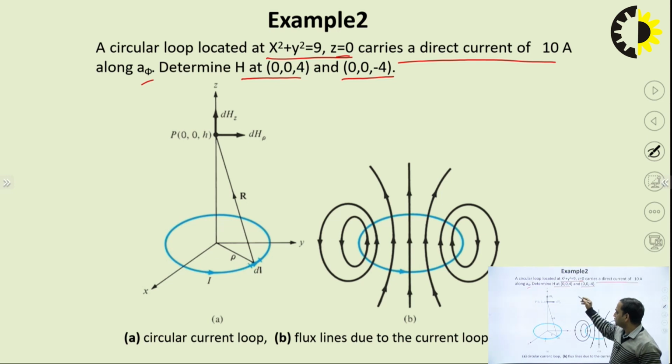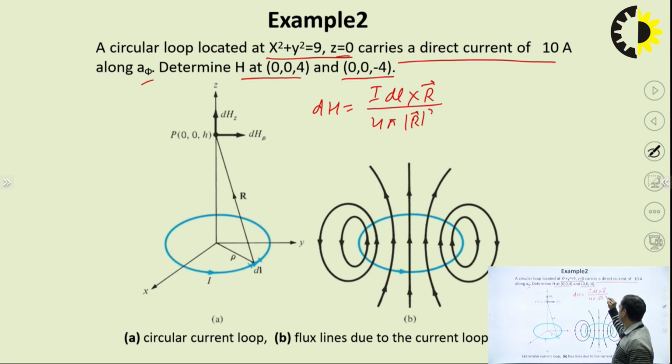The formula which you have to take care of, again dH you have to apply, that is I dL. I will remove this portion so that things should not be confusing. So here just apply this formula: I dl cross r divided by 4 pi into mod of r cube.